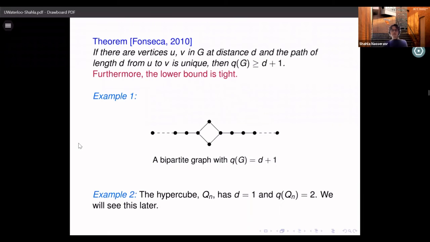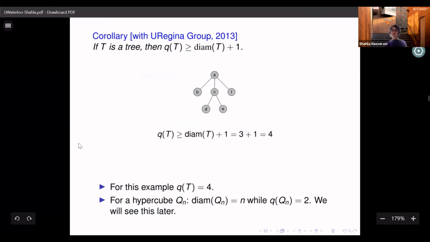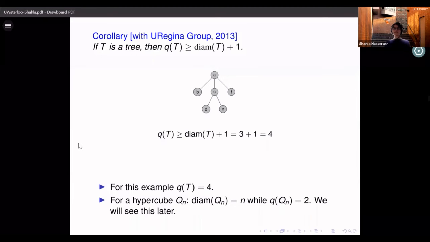So it is a nice bound, and in the case of trees, for example, because every path is unique and shortest, we get that Q is at least diameter plus 1. In this specific example, Q is exactly the diameter plus 1, but of course those are just in the case of trees.